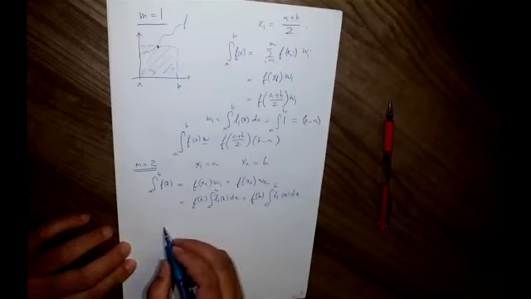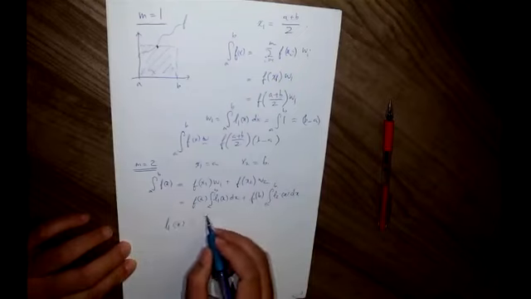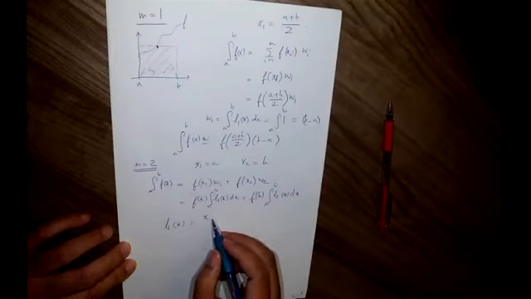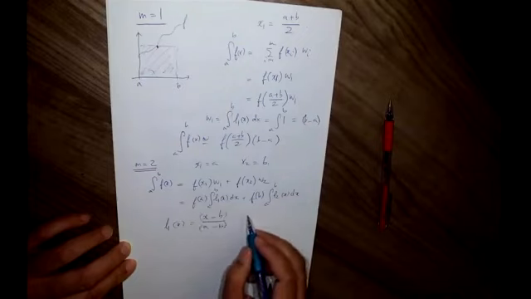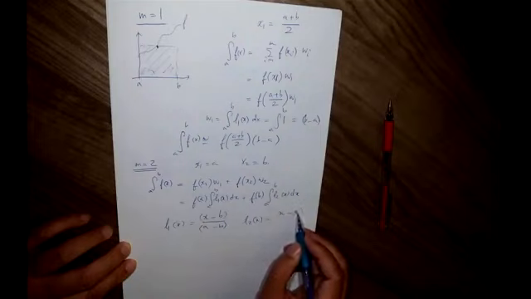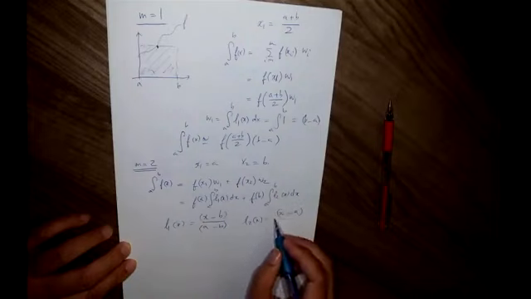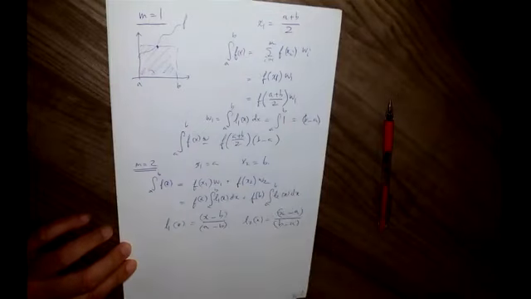So remember, because now you have 2 points, L1 is just x minus everything except the first point, so (x minus b) over (a minus b). And L2 will be x minus everything except the second point, so (x minus a) over (b minus a). Yeah?